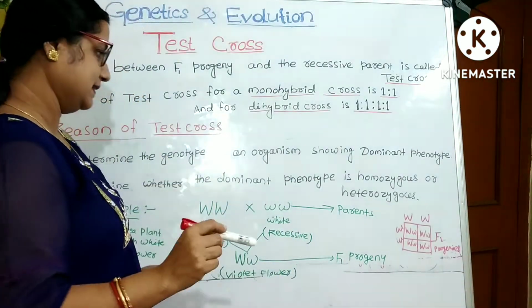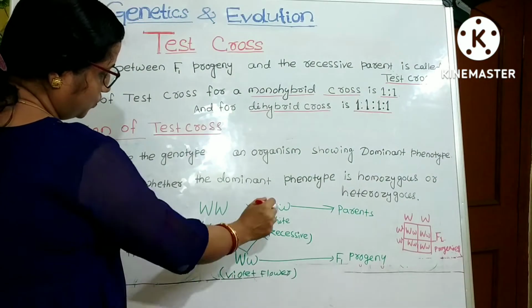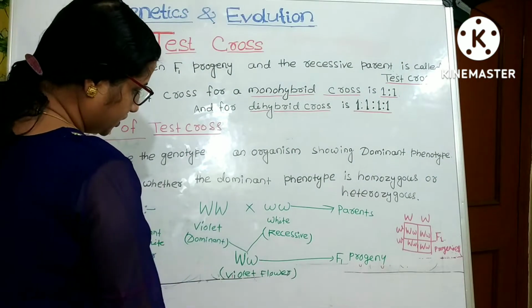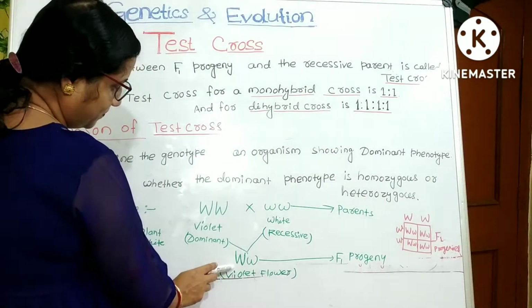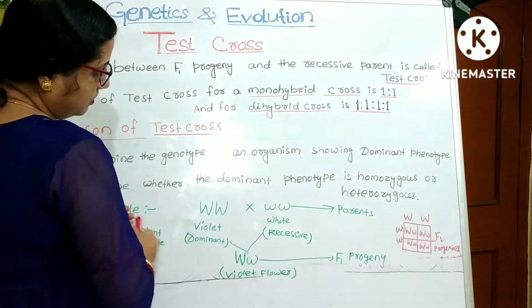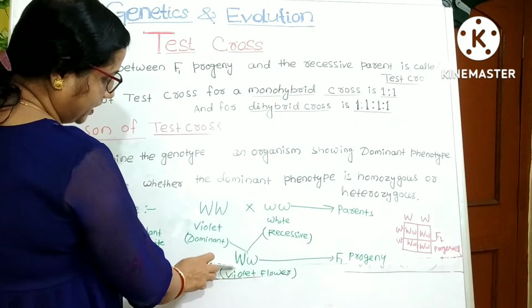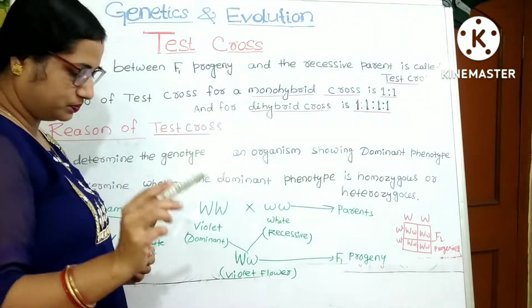If we cross these two, in the F1 generation we find violet color flowers in the heterozygous form, that is, the genotype is capital W and small w.